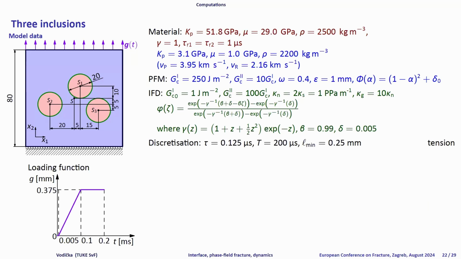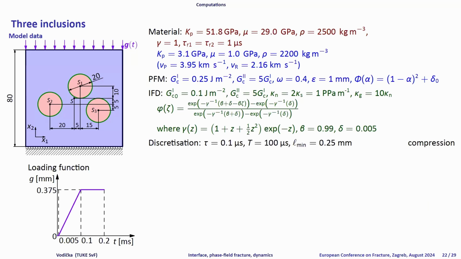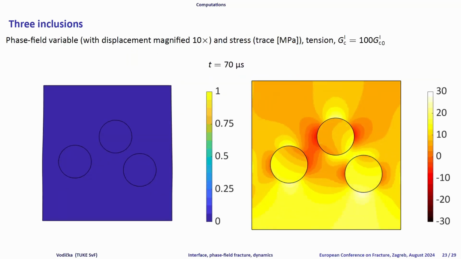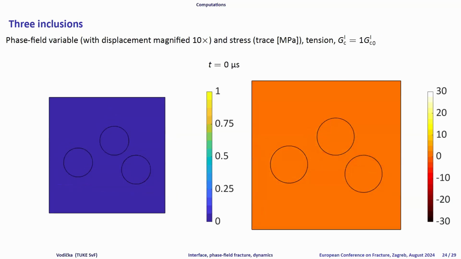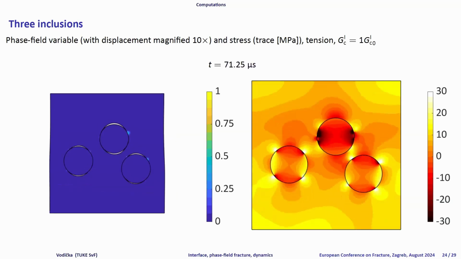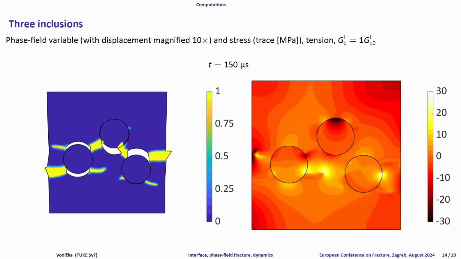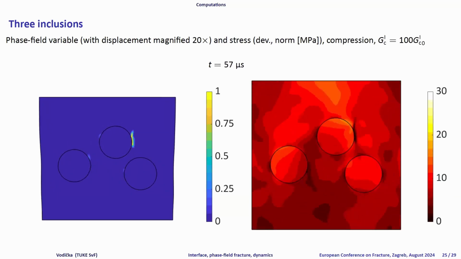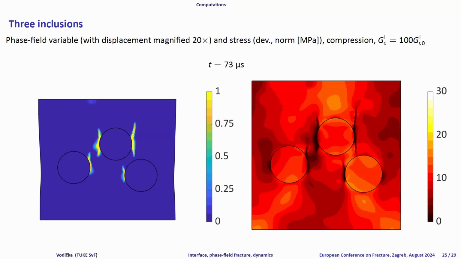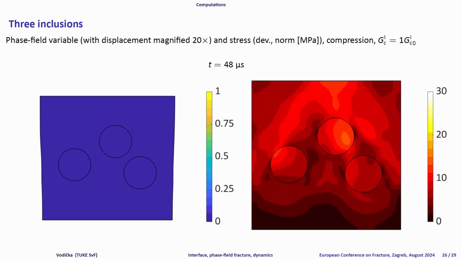And contrary, in the weaker, we will see also the interface crack, in both cases in tension and also in compression. So this one is strong, so we have only a material crack. Here we have also an interface crack in tension. And now in compression, we have both material and interface cracks.